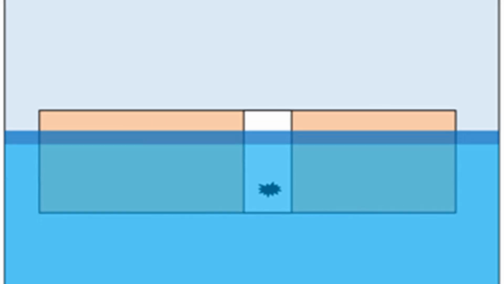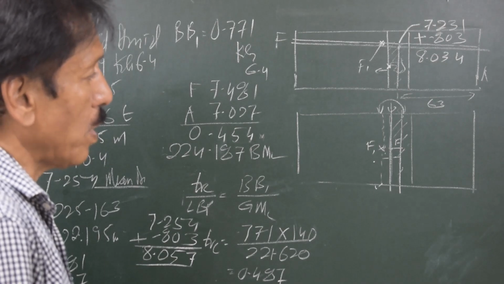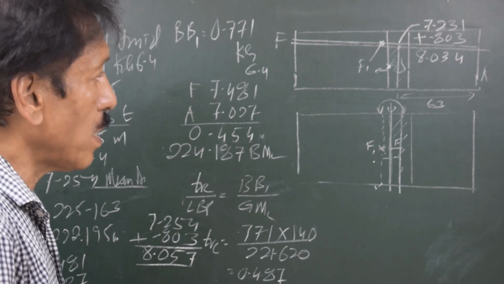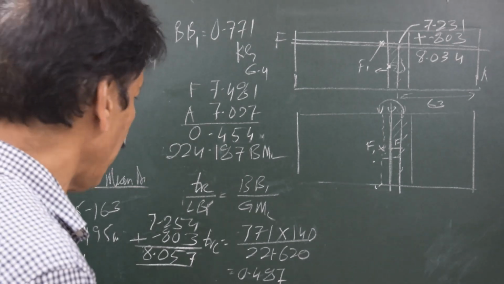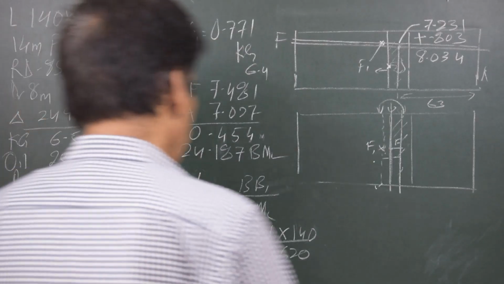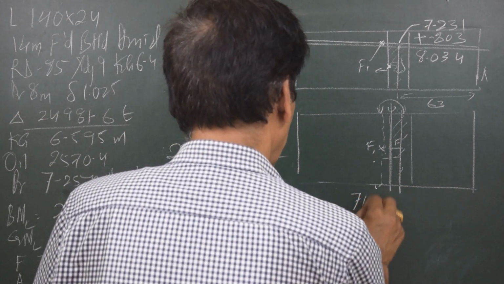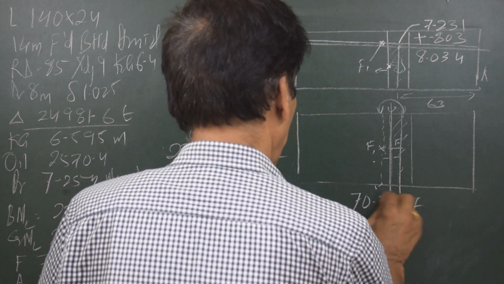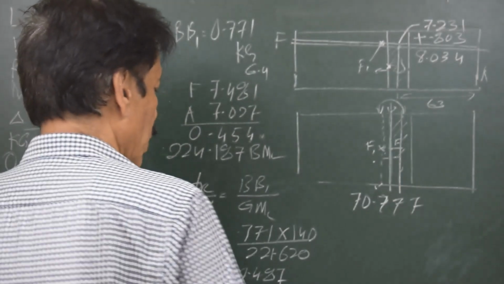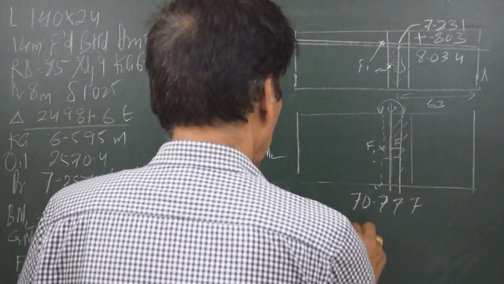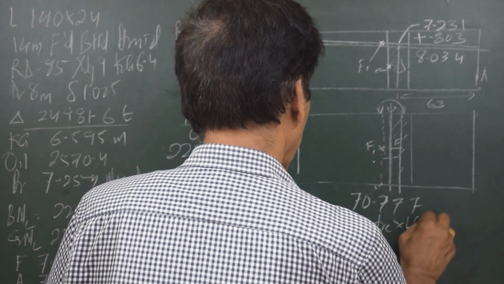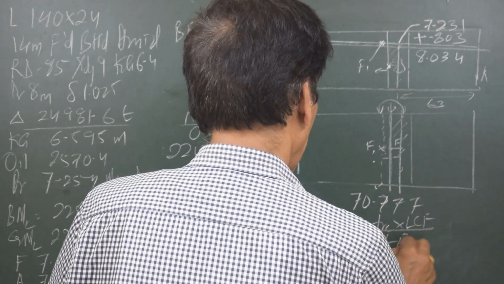Now as you know that the center of flotation has shifted in the forward direction, and that has increased the LCF, and new LCF is 70.777. So if we have to find out TRA, TRA is equal to trim change into LCF upon LBP.